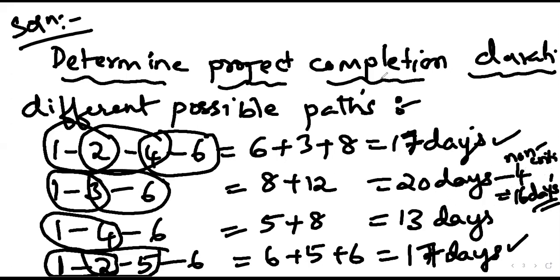So that should not happen basically. The reduction should be done in such a manner that the critical path remains critical until the end of the problem. In such a manner, the reduction is to be done. If there are any doubts, you can ask.